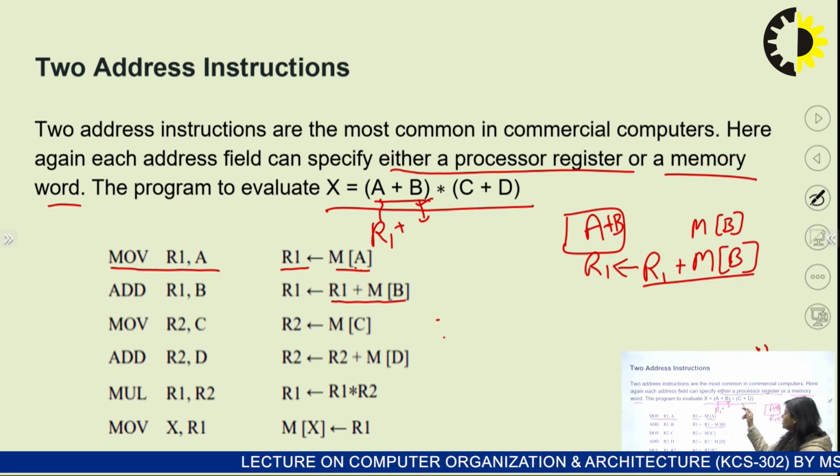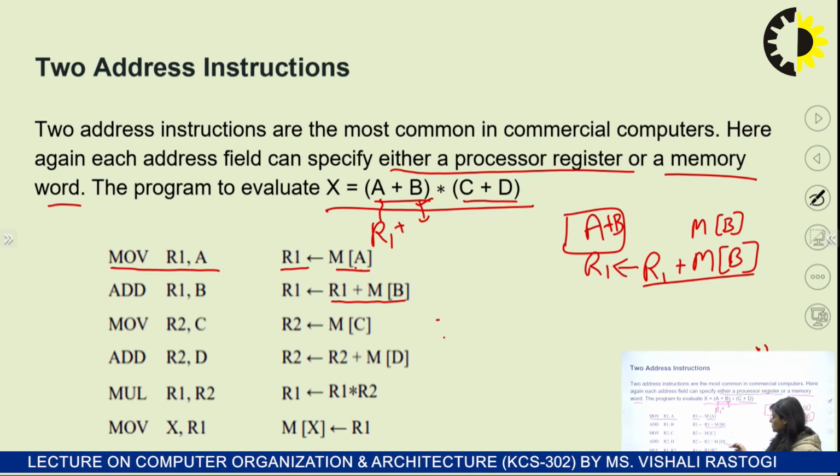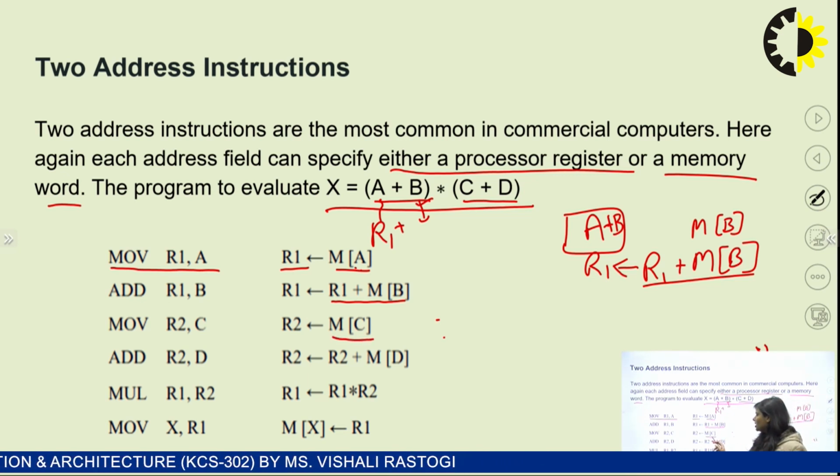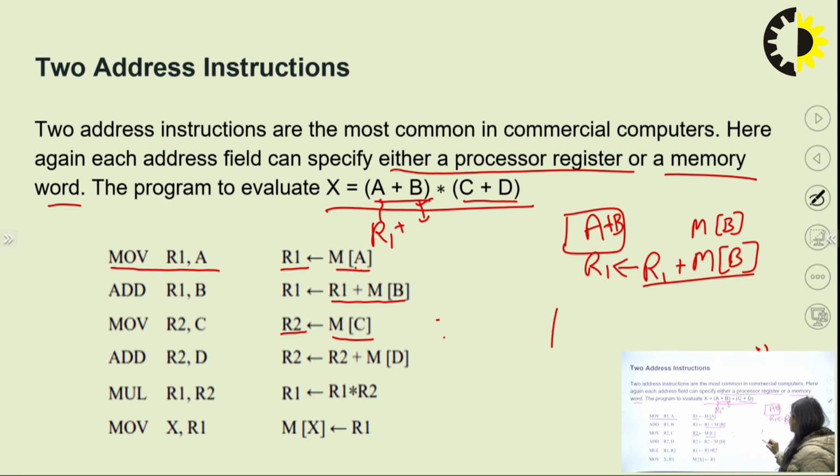Again we are going to understand the C plus D part. We will apply the same approach: M of C, the memory location of C. We move the data of M of C into the R2 register. We have taken another register named R2 and we put the data into it.